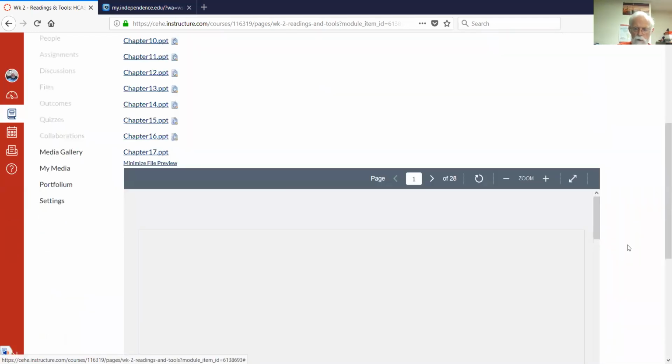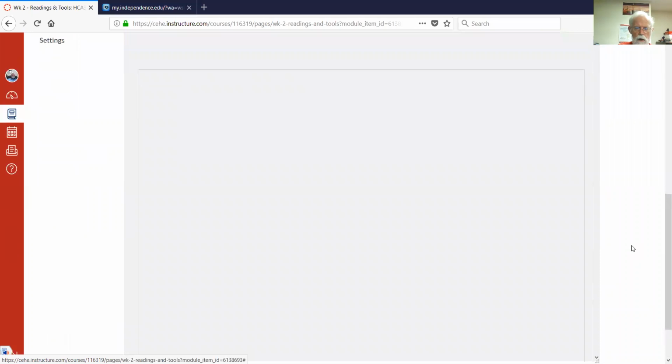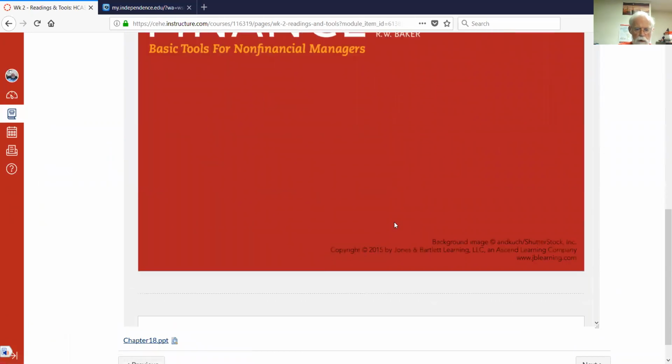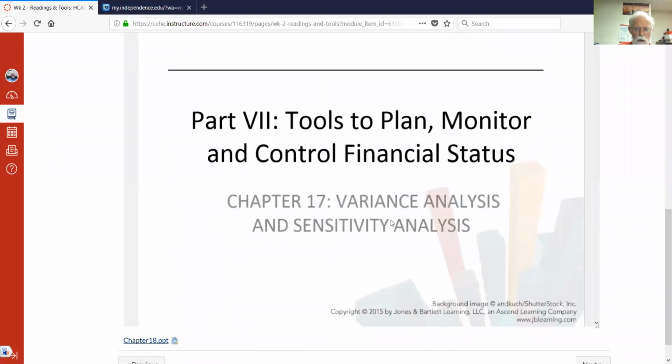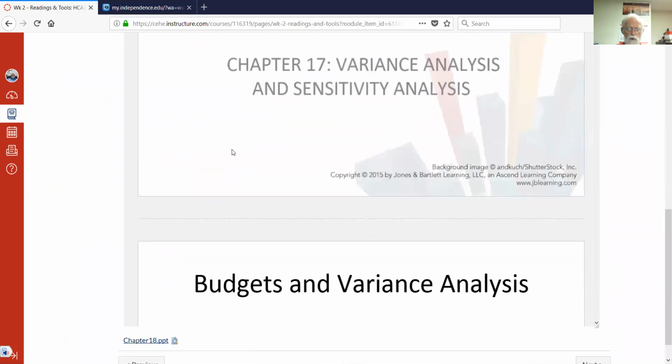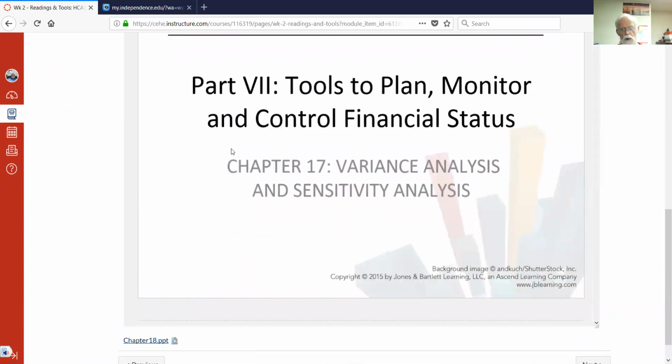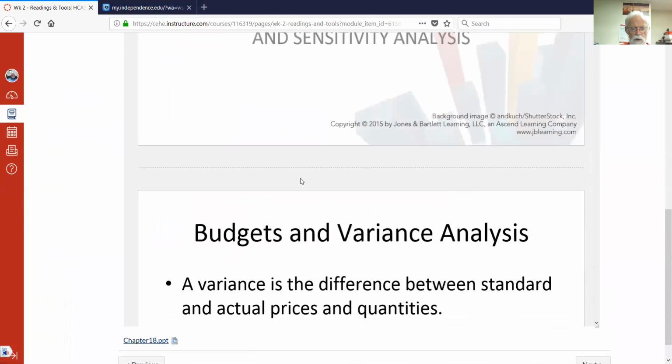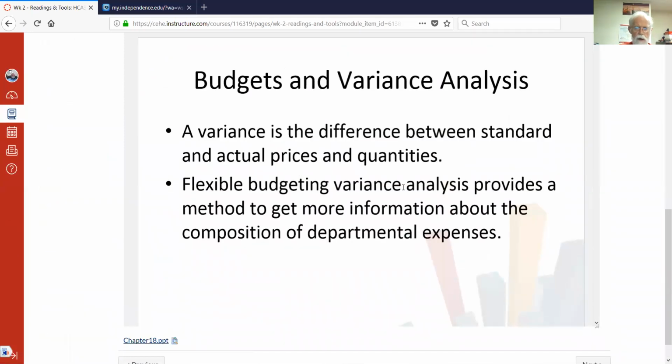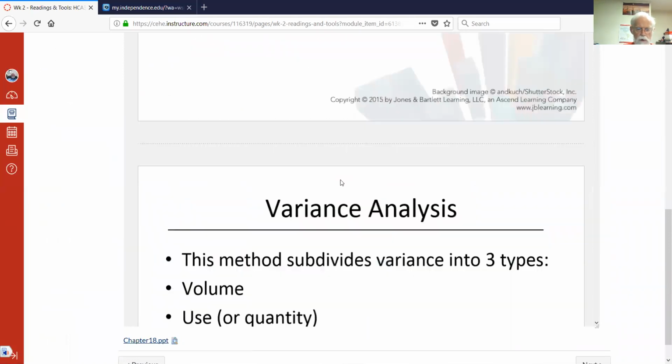As I recall, this one is a bit more of an abstract picture. Variance analysis and sensitivity analysis. So variance analysis really is what's the difference between actual and either standard or budgeted amounts.